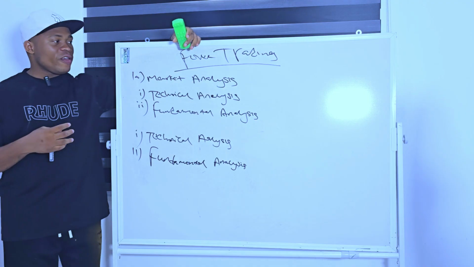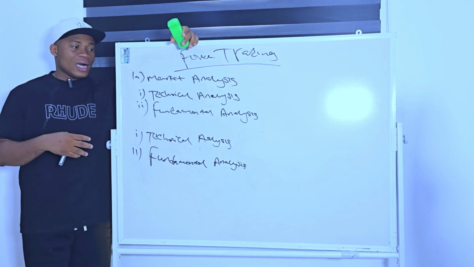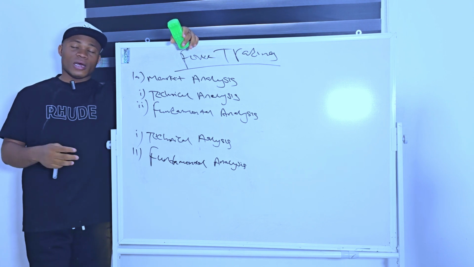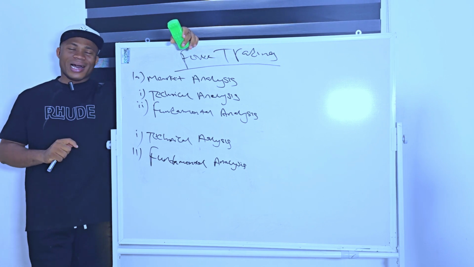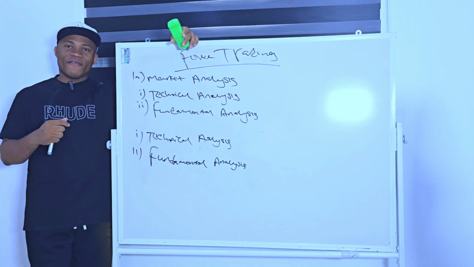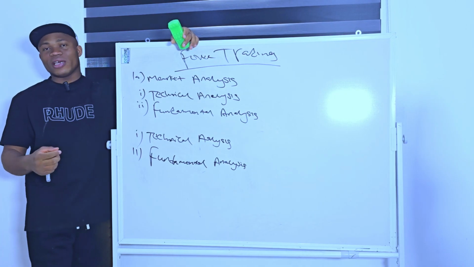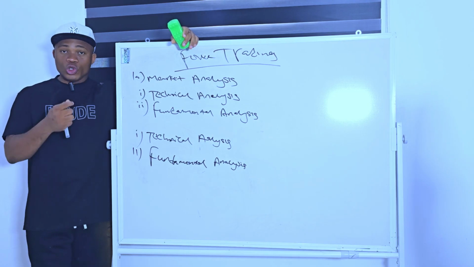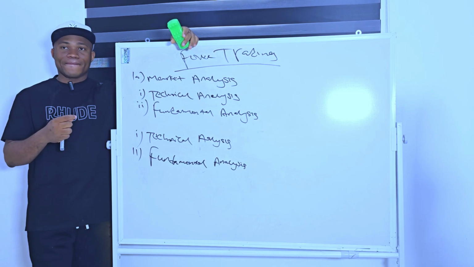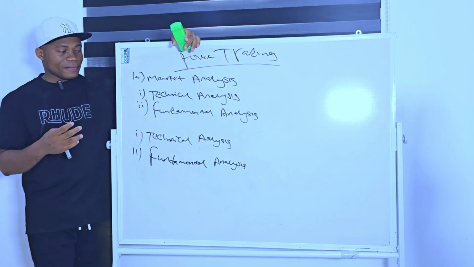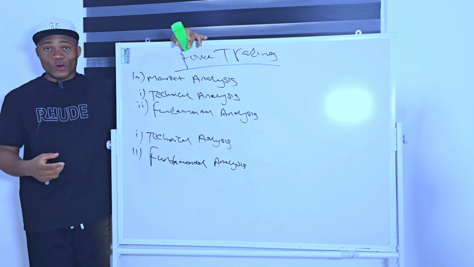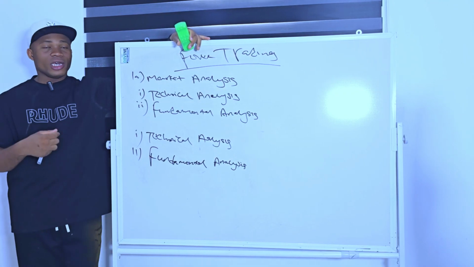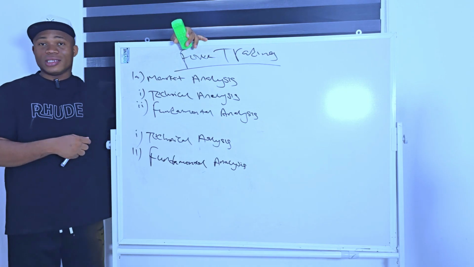Because if, for example, the US is announcing the unemployment rate and maybe the interest rate, and what they announce is kind of negative to the economy, definitely it is going to affect the dollar at that particular time, because the news is, let me say, negative to the dollar. So since the news is negative, definitely it's going to affect USD at that particular time.